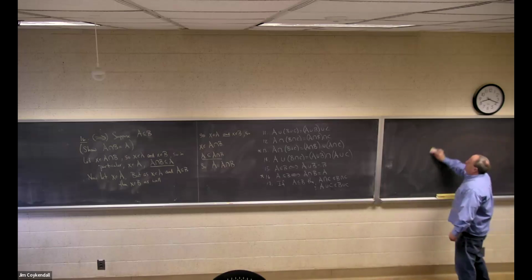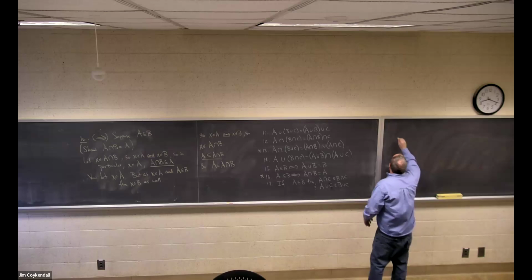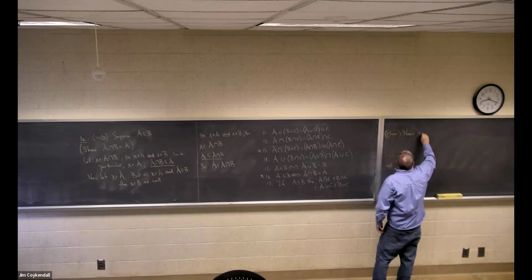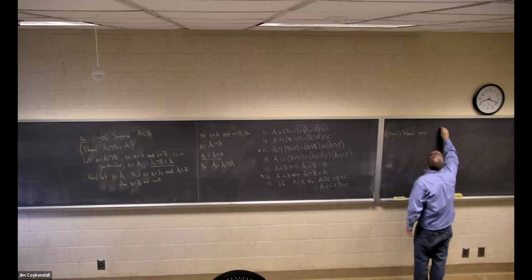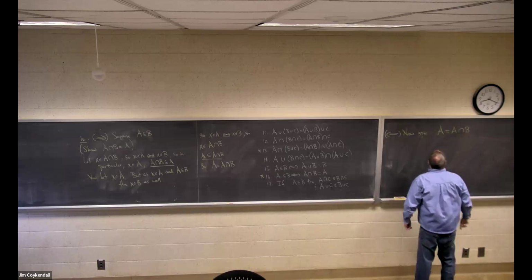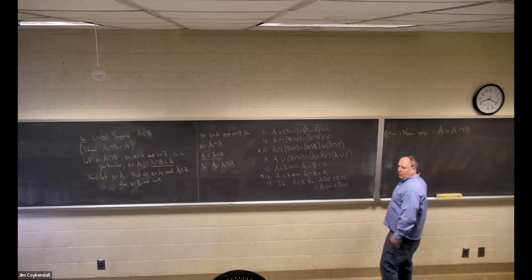This one might be easier. I think there might be less to show. Now suppose A equals A intersect B, and let me write down what we're showing.